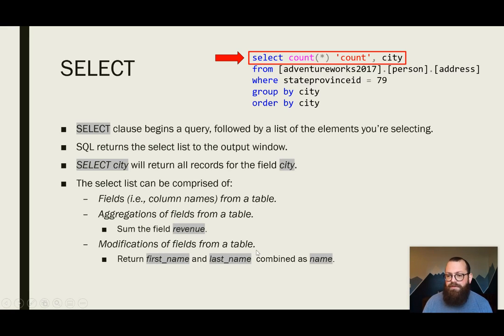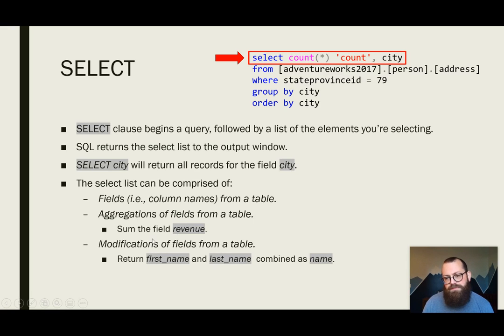So for example, if you have a field called revenue in a table, and maybe that data is ordered by customers and by a particular month, you can tell SQL, hey, give me all my revenue from February 2020, and that would be accomplished through an aggregation function, in particular, the sum function. And so that can be included in a select list.